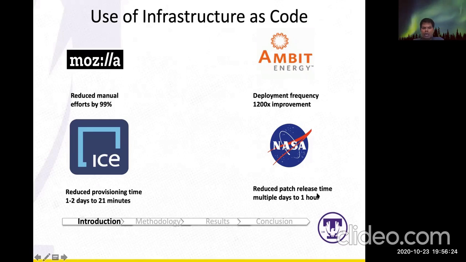ICE, which stands for Intercontinental Exchange, which manages the New York Stock Exchange, reduced its provisioning time from 1 to 2 days to 21 minutes. And NASA, the space organization, was able to reduce its patch release time from multiple days to 1 hour. All of these examples showcase that infrastructure as code, or IaC in short, has multiple benefits and is becoming more and more commonplace.